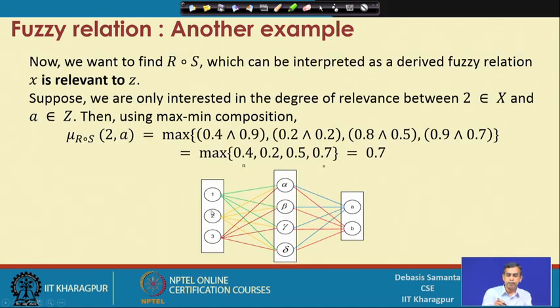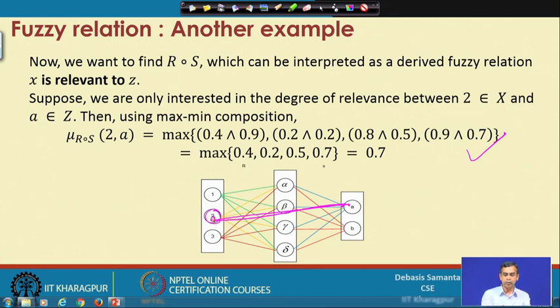For example, here 2 is an element which belongs to a set, and these are the different elements, and A. So, we can find the relation from 2 to A by means of max min composition. How the max min composition is calculated is shown here. For example, 2 and A, there is a relation via the other elements alpha, beta, gamma.